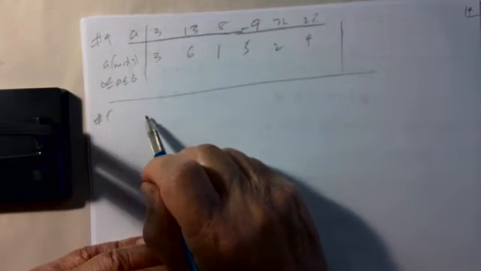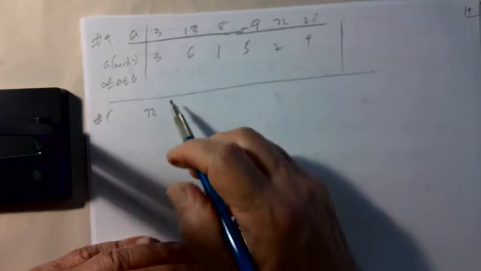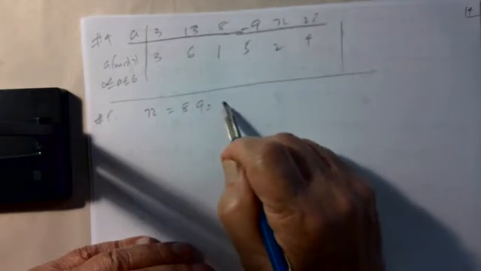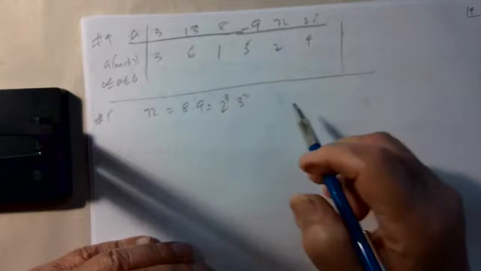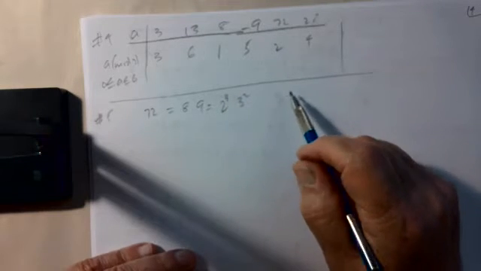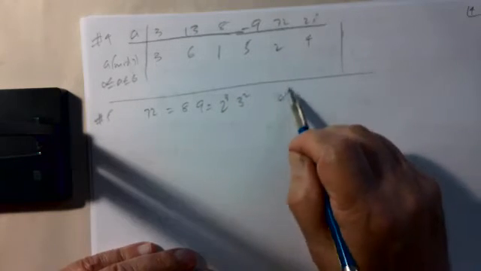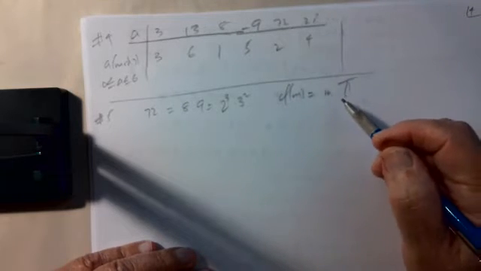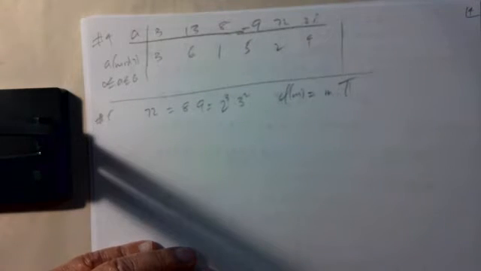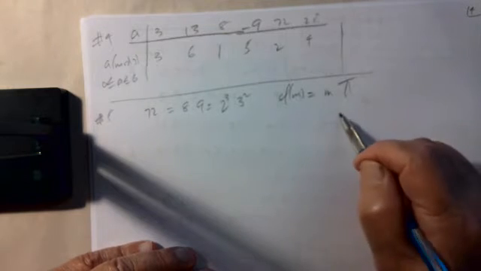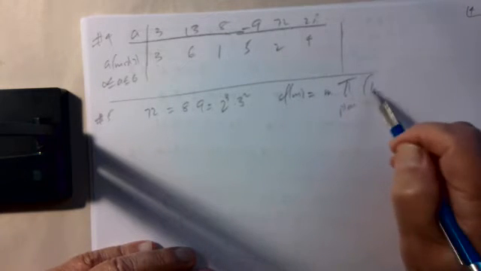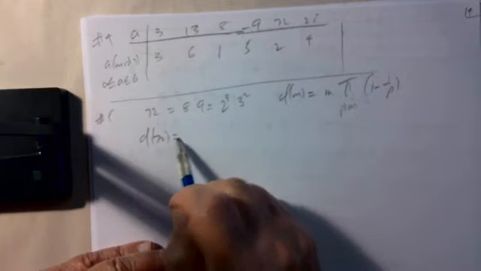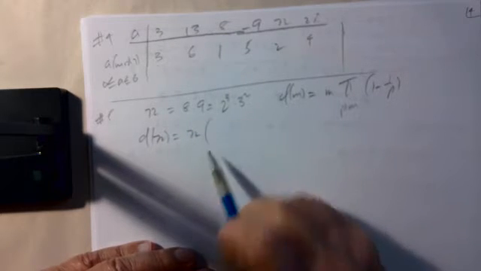Okay, problem number 5. We have the number 72, which if we factor it is 8 times 9, or 2 cubed times 3 squared. And we know by a theorem that phi of any integer m is m times the product over all the primes that divide m, 1 minus 1 over p. So phi of 72 is 72.